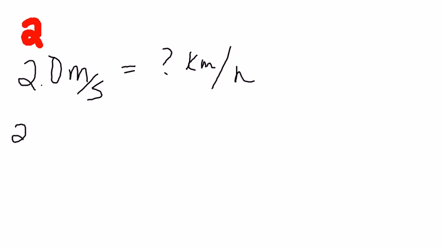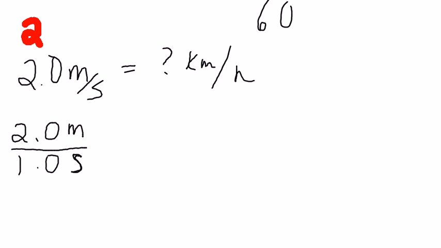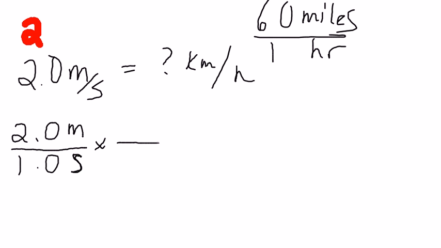We write fractional units such as this as 2.0 meters per 1 second. If you're driving in your car at 60 miles an hour, what you're really driving is 60 miles per 1 hour. Doing conversions and writing them like this makes them much easier to calculate.